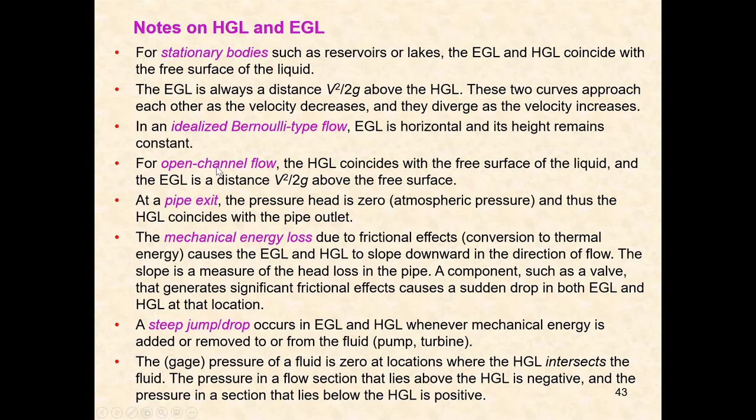So for open channel flow, the HGL coincides with the free surface of the liquid, and the EGL is a distance V squared over 2g above the free surface. This one we talked about. At a pipe exit, the pressure head is 0, atmospheric pressure, and thus the HGL coincides with the pipe outlet.